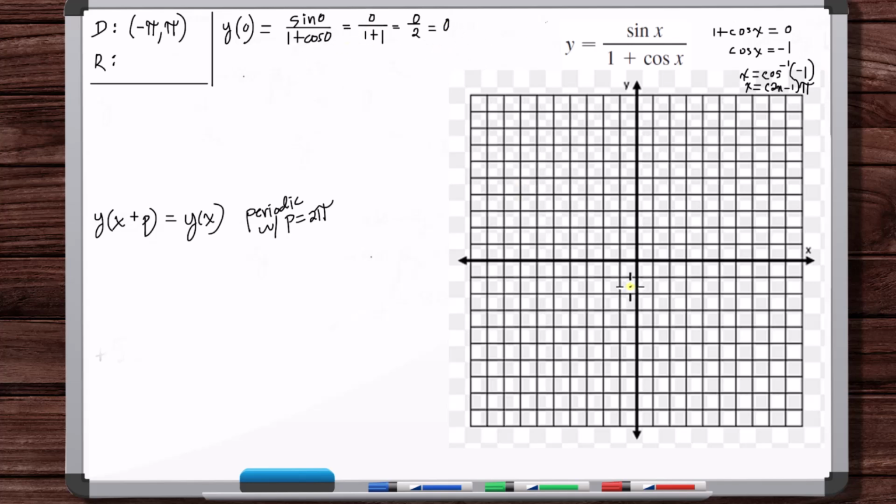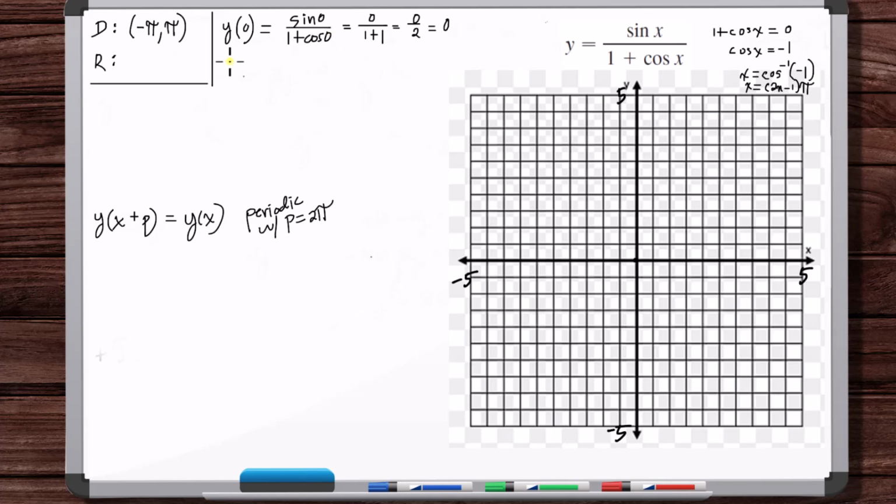So the origin is an intercept. And what I'm going to do is go from minus 5 to 5, and same here, 5 to minus 5. That should give us a good look at this.